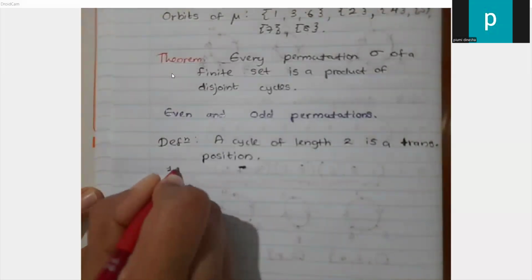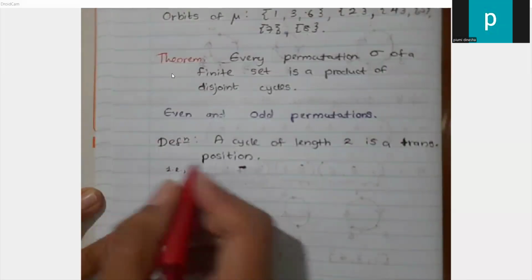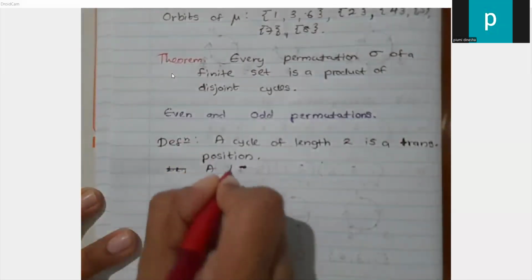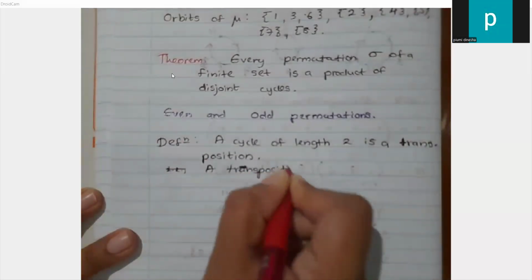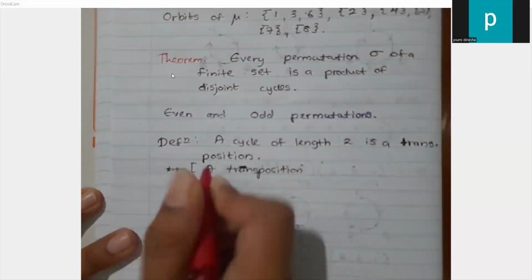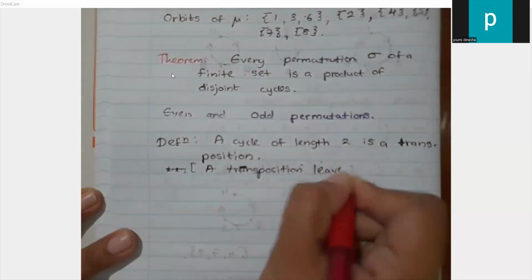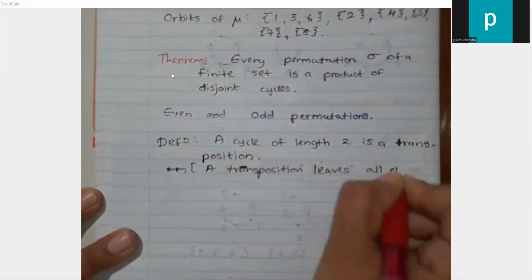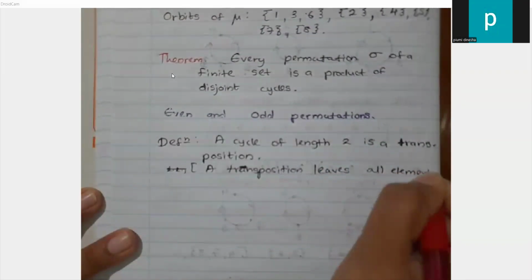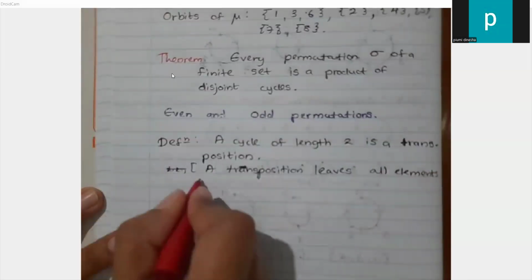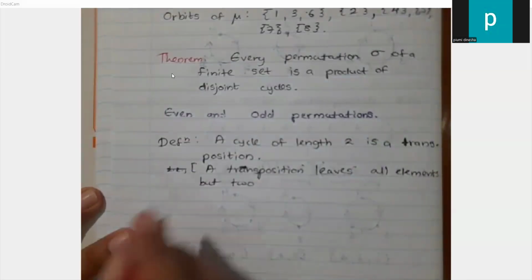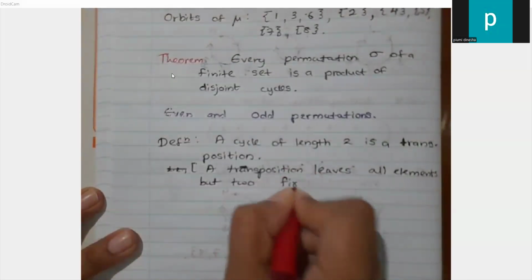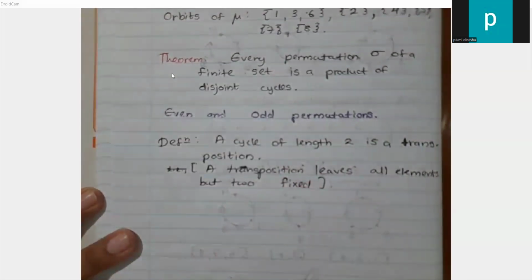So I will simply write: a transposition leaves all elements but 2, which actually appear in that 2-cycle, fixed.